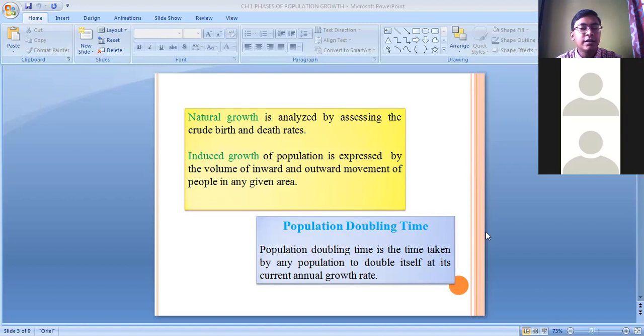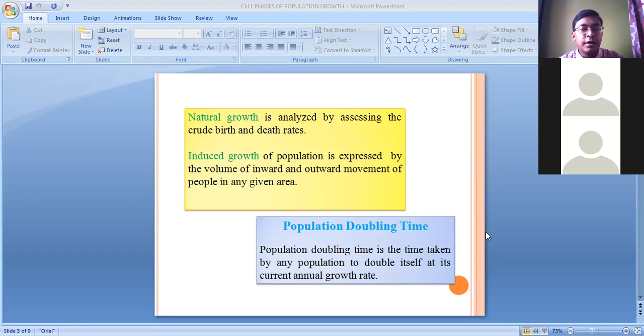It is expressed by the total number of inward and outward migrants, meaning how many people are migrating to our country and how many people are migrating from our country to other countries.